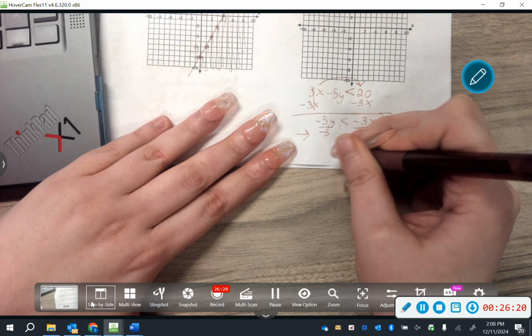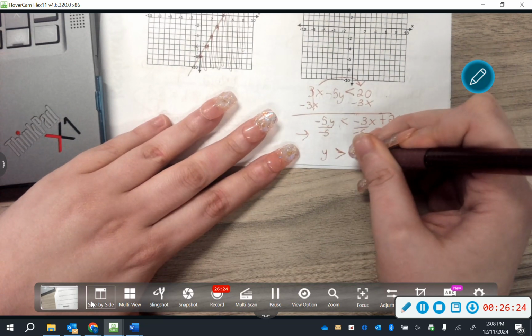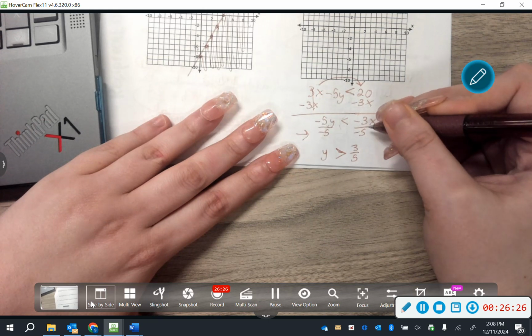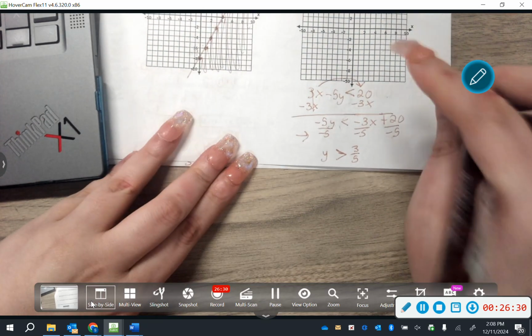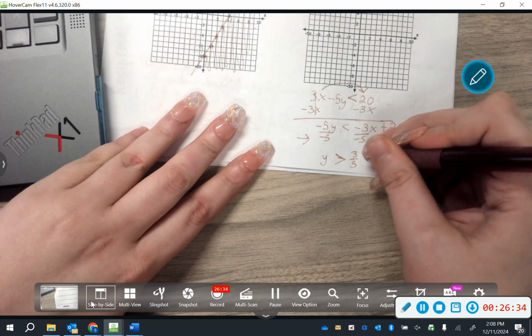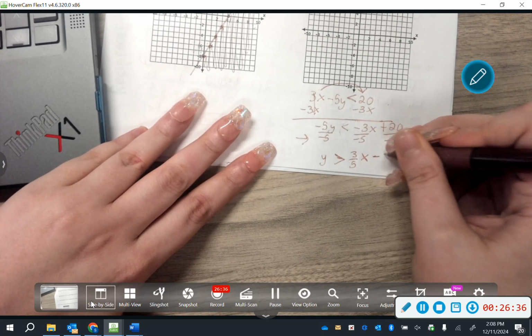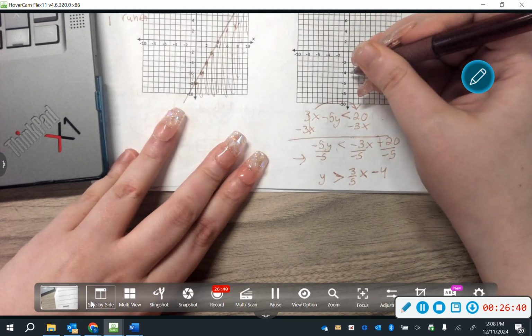So this is going to be y is greater than 3/5. If you plugged in negative 3 divided by negative 5 and hit the fraction button, it will give you positive 3/5 x minus 4. So I have a y-intercept at negative 4.